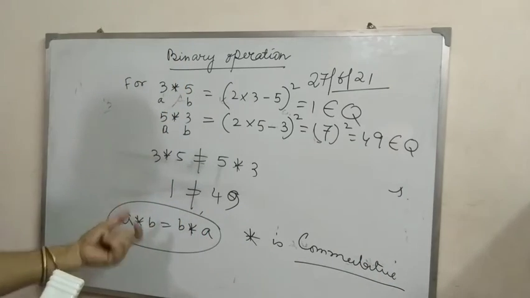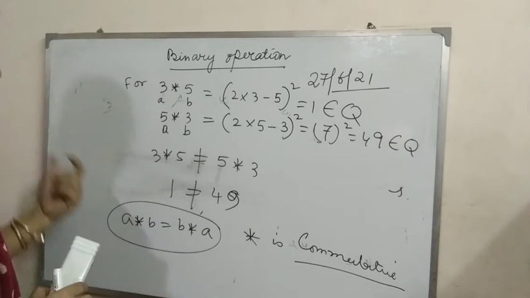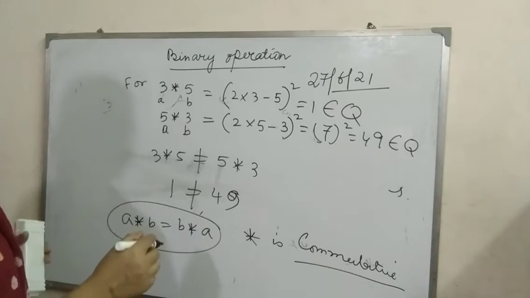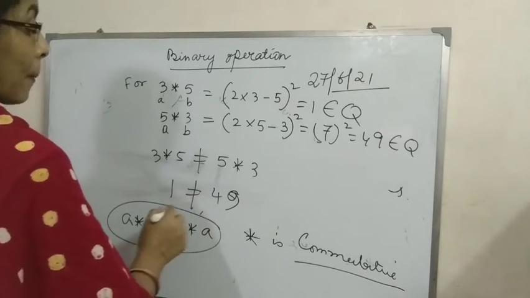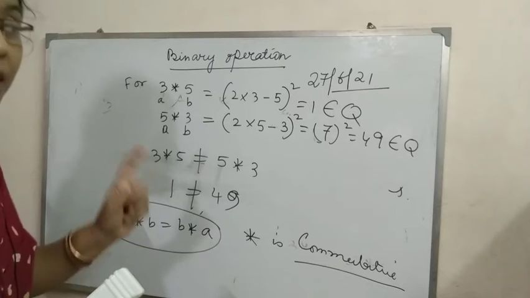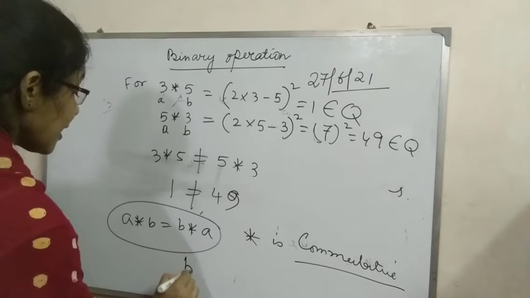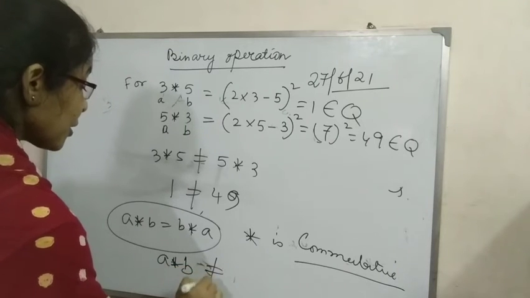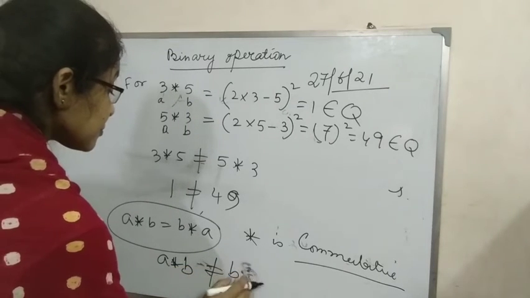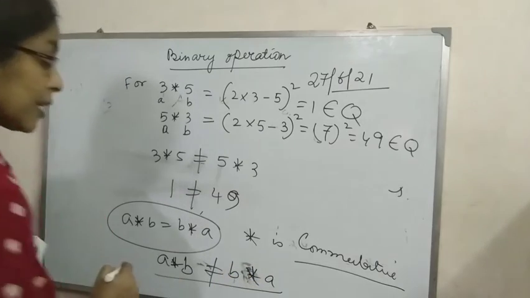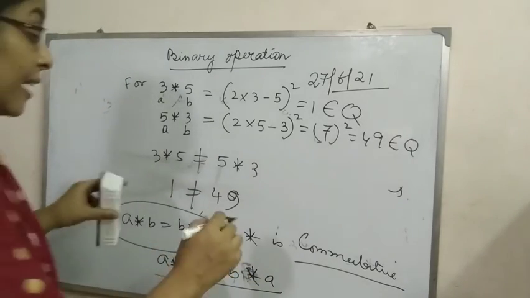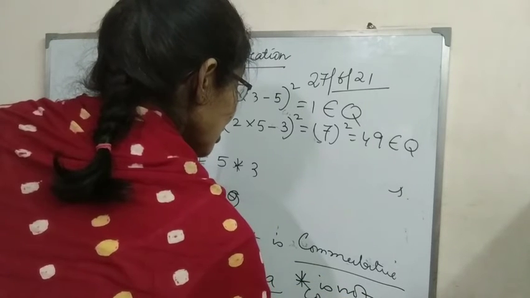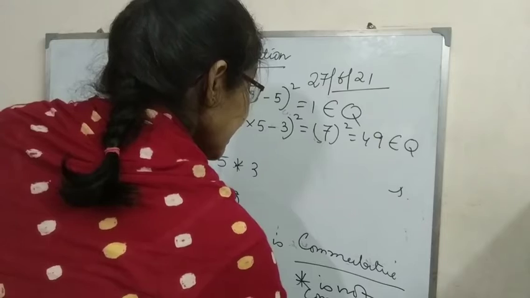From here I can conclude that since A operation B not equal to B operation A, this operation is not commutative.